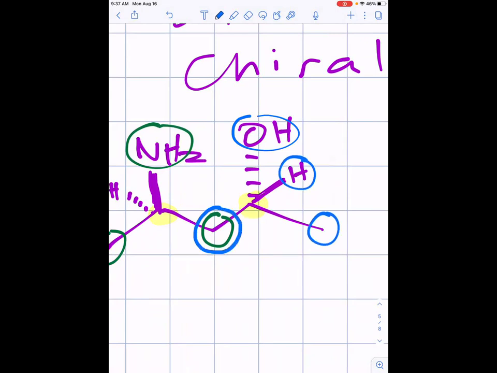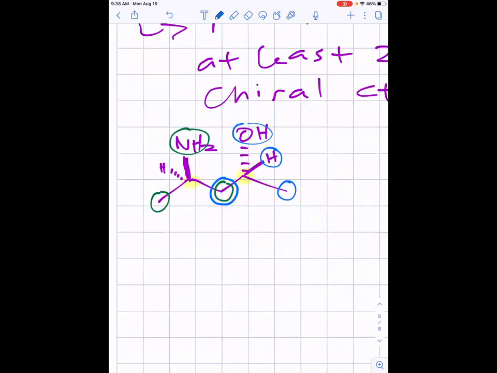But that's still a point of difference. And that matters when we start talking about configuration, which we're gonna jump into before we are done. And then we'll come back to that, and then we'll start working through some more of these examples on Wednesday. But so that part is settled, right? Both of those are chiral centers. So that part is settled.